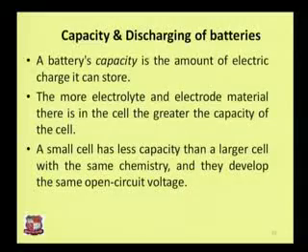A battery's capacity is the amount of electric charge it can store. If there is more electrolyte and electrode material in the cell, it will have a greater capacity. A small cell has less capacity than a larger cell with the same chemistry, though they develop the same open circuit voltage. A small cell can be used in mobile phones or toys, whereas larger cells are used in industries.